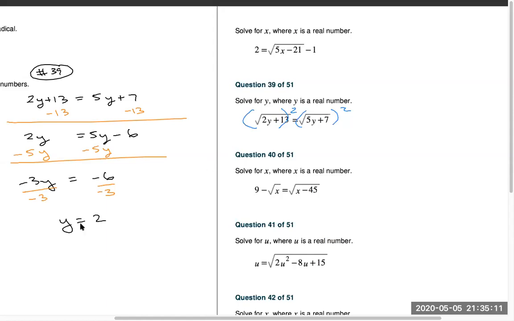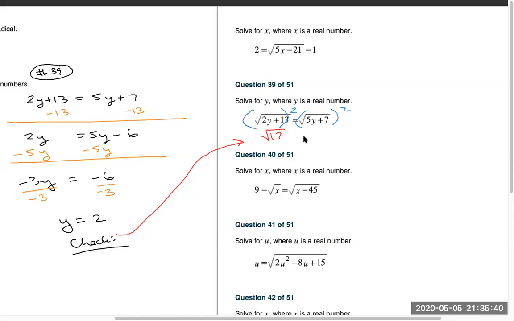I'm going to do a quick check here in my calculator. If you take the square root of 2 times 2 plus 13, it comes out to, let's do the check in red, root 17 on the left-hand side.